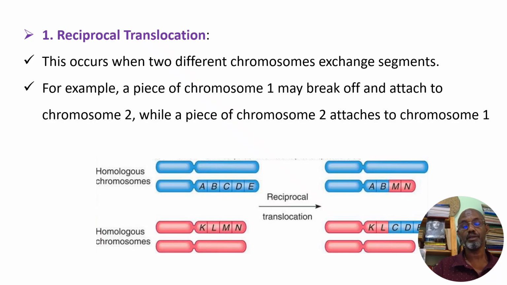You see in this case this one is getting the CDE genes from this chromosome, and this one is getting the MN genes. Therefore, one is receiving 3 genes, the other is receiving 1. This may be considered unbalanced. Otherwise, it is reciprocal translocation, of course.